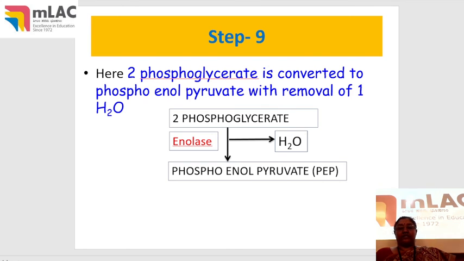Thereafter, 2-phosphoglycerate is converted to phosphoenol pyruvate by releasing a molecule of water. So you see that from 2-phosphoglycerate there is a removal of water molecule and there is formation of phosphoenol pyruvate, in short called PEP. This reaction happens in the presence of the enzyme enolase.